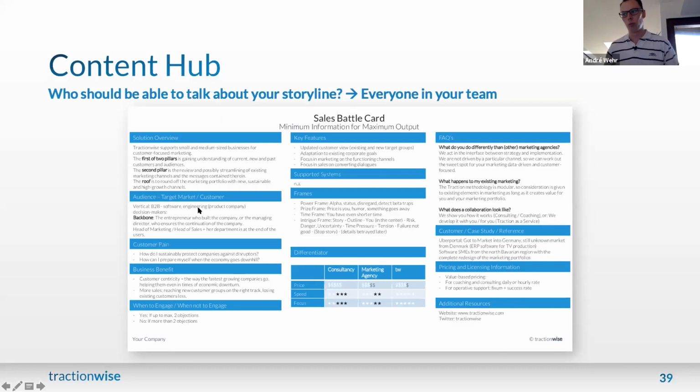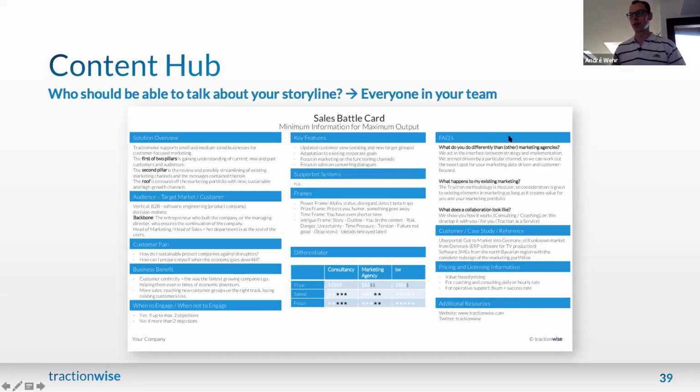And what is this sheet of paper or digital sheet of paper? What is that actually for? It's for your whole team, because it should not only be you as, for example, the marketer or the CEO that is able to talk about you and your storyline in a good way. It should be everyone within your team.